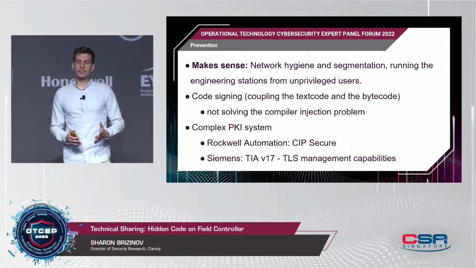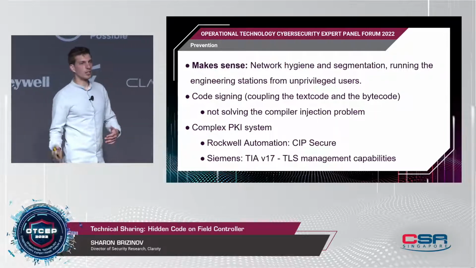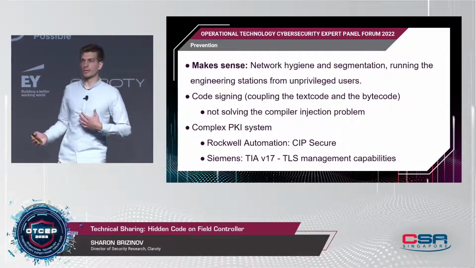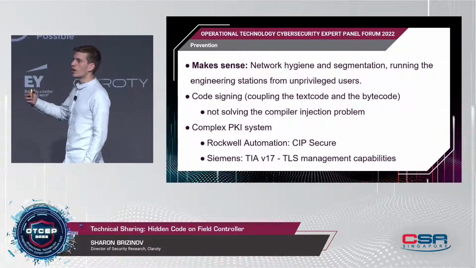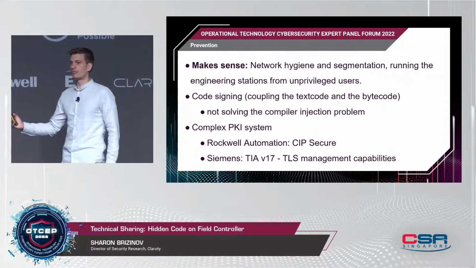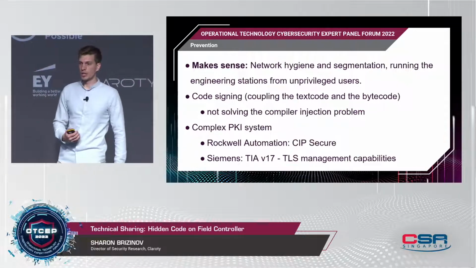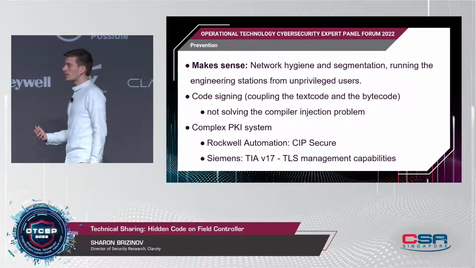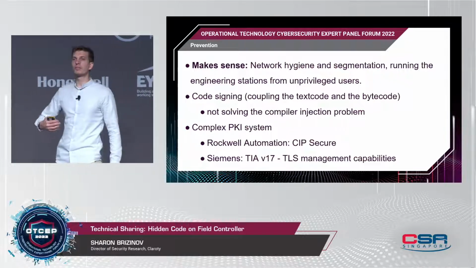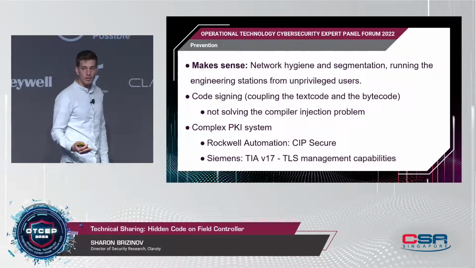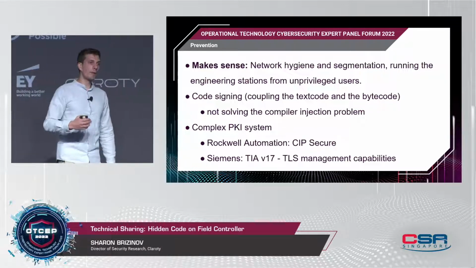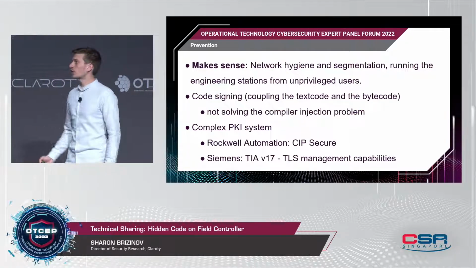Now, the obvious things to prevent this are network hygiene and policies and everything being discussed before. But I think we really need to move on to the next phase of talking about security. We need to move to code signing in PLCs. So we need to couple the text code and the bytecode so you could not change one without the other. And we need to talk about complex PKI, public key infrastructure systems.